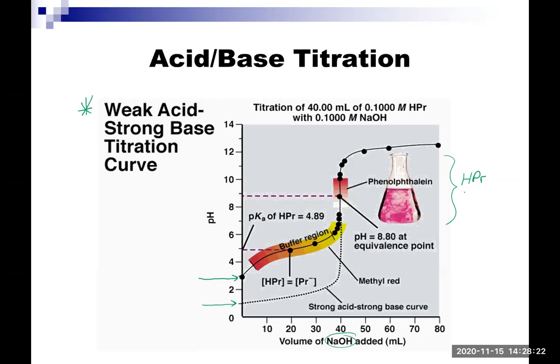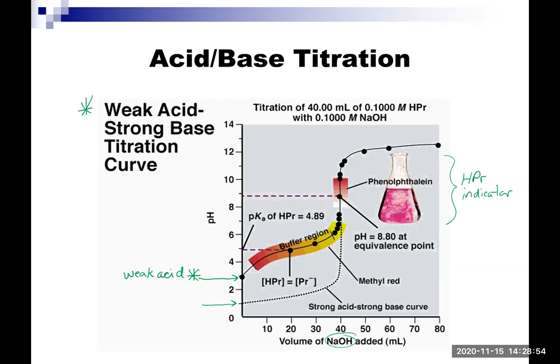The other thing that we have is indicator, which in this case is phenolphthalein. So we check the pH of our acid when we first start, and it happens to be above 2. We know then that this is a weak acid, even if we didn't know the identity of that acid. By looking at our titration curve, we would know that we had a weak acid based on that pH value.